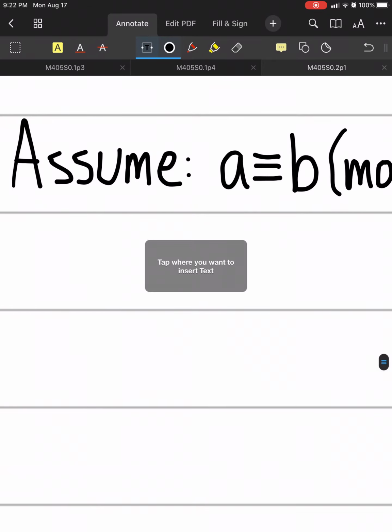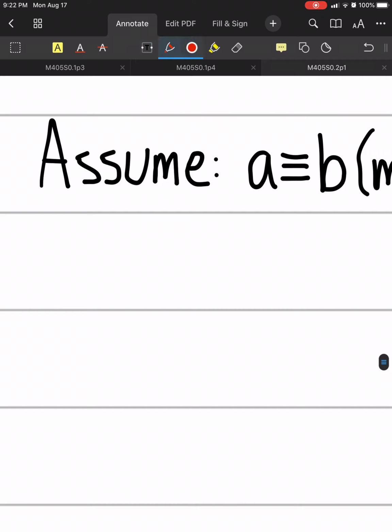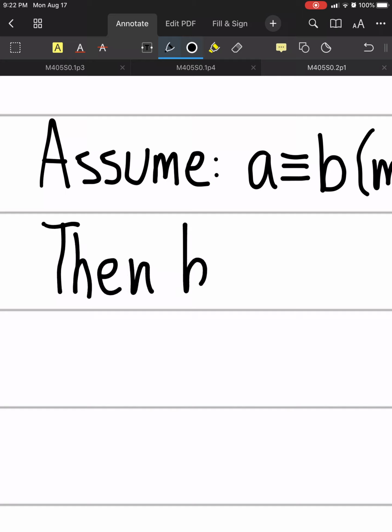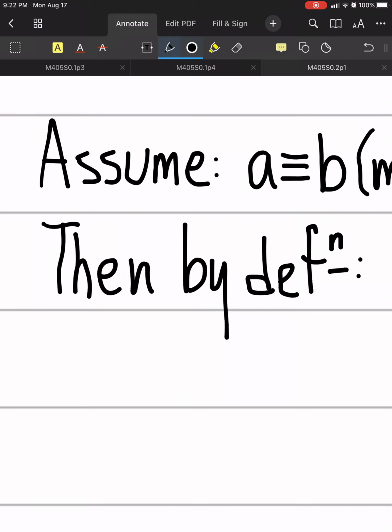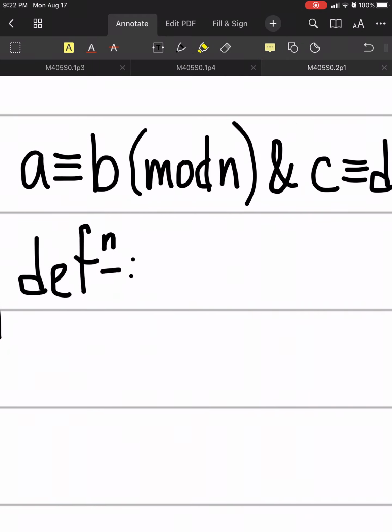So we can say then, hang on, wrong one. Then by definition, I'm going to abbreviate this DEFN. That's a fairly common abbreviation for definition.